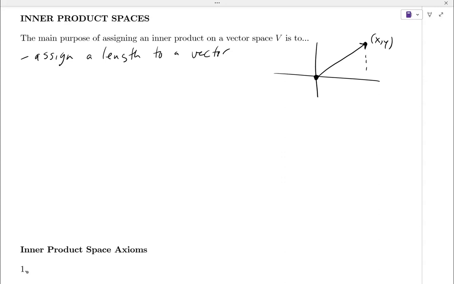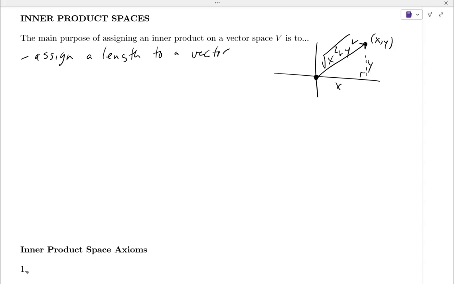And we can use the Pythagorean theorem on that. The length of this bottom side here is x. The length of that up and down side is y. Technically, I probably should put absolute value of x and absolute value of y there in case my point might be in a different quadrant than the first quadrant. But when we find the length of our other side, we do, of course, the square root of the sum of the squares.